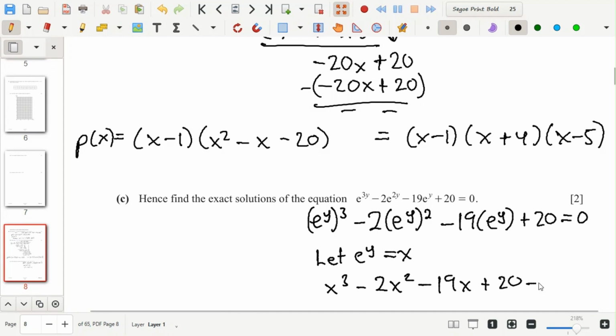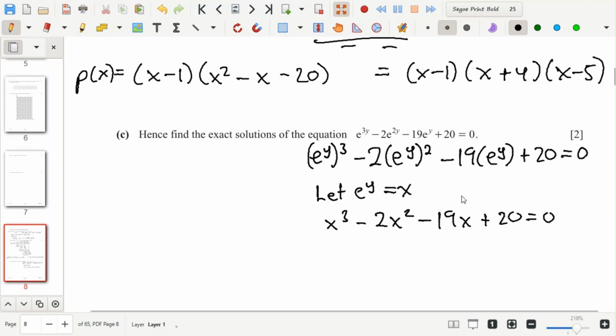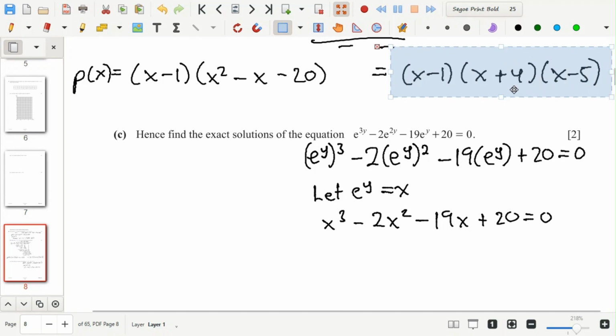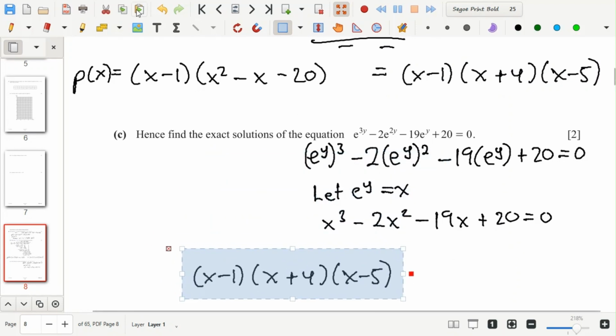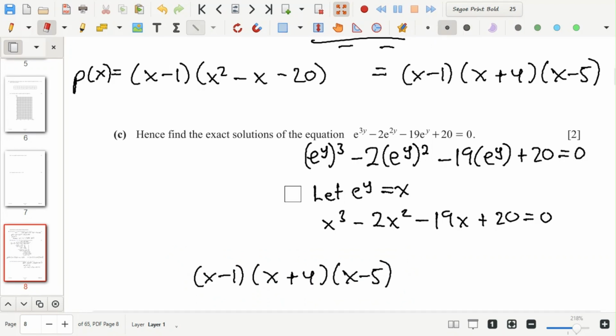Have you seen? So if that's the case, if you want to solve this, you have already expanded it here. So let me just do some copy and paste. However, your x is now e to the power y.